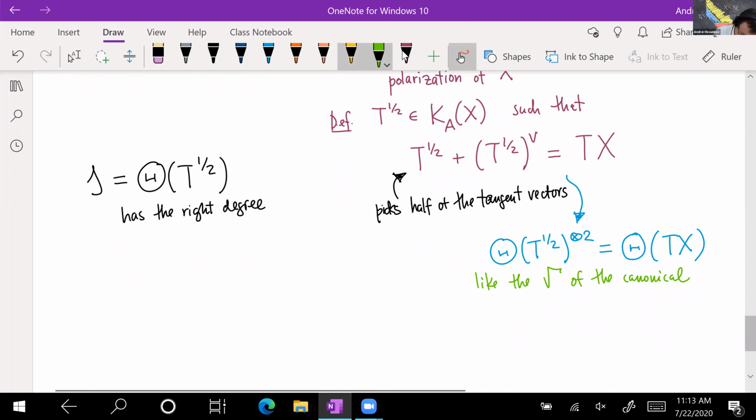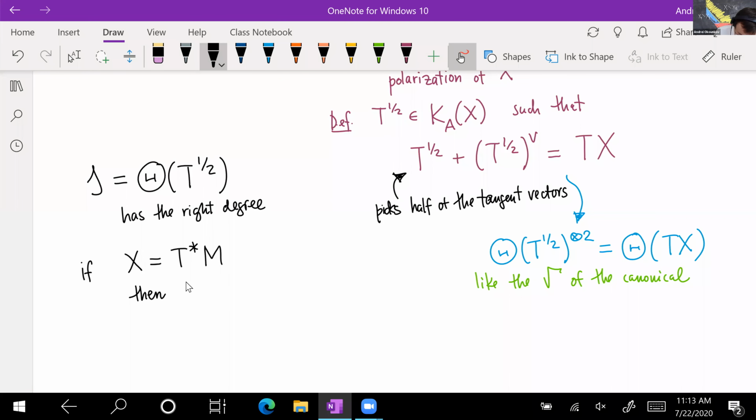So how are we going to get polarizations? How do we get symplectic manifolds? If X is T star of some manifold M, then the tangent bundle to M gives a polarization.